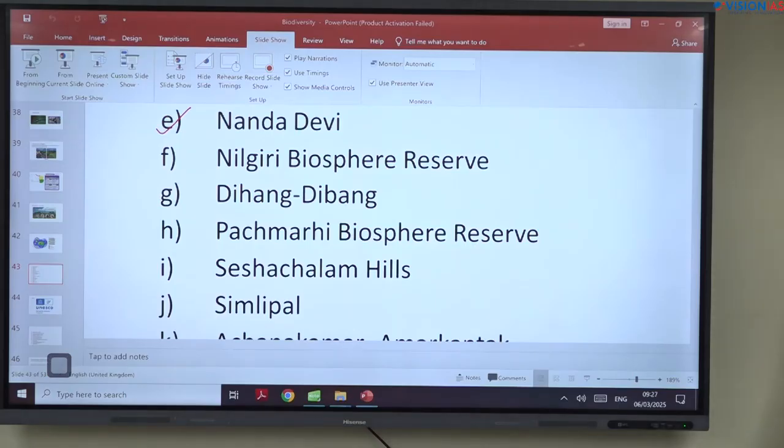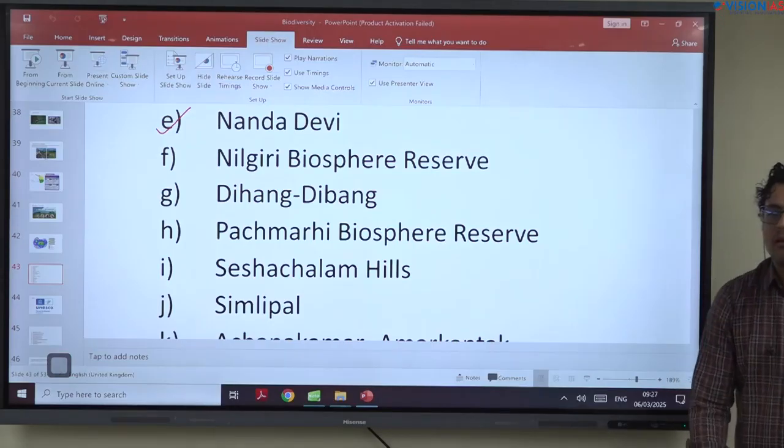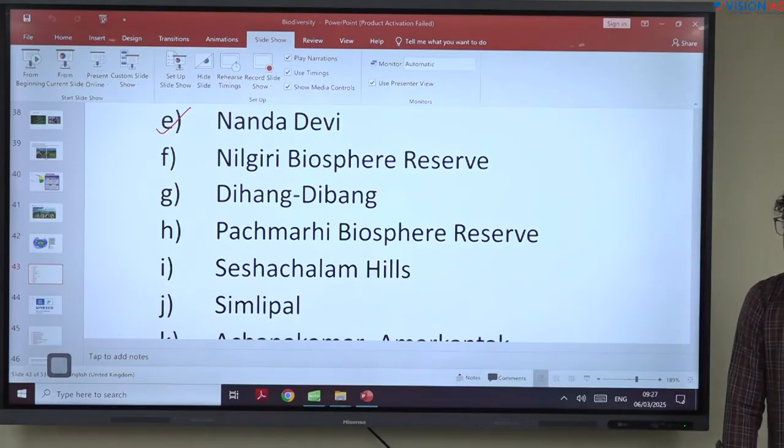First biosphere reserve of India. Meeting point of Western and Eastern Ghats.